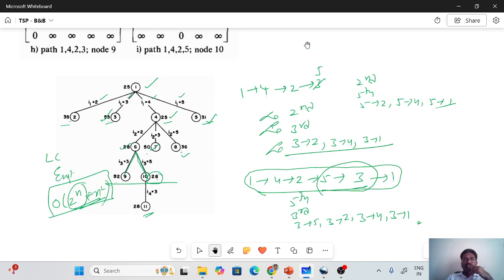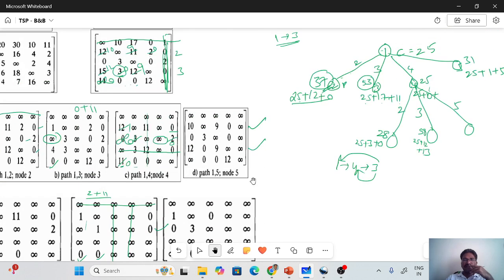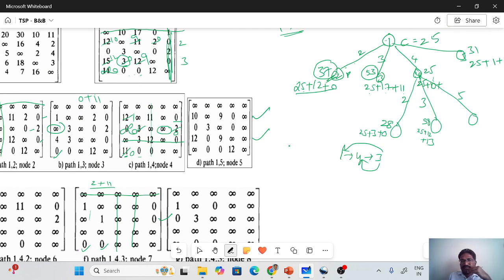So once again I am repeating the general formula in the adjacent cost matrix. When you are going to find, from already you reached the node I and you want to check for the cost to reach j, that means at the node I we have one cost matrix that may be reduced cost matrix. From that reduced cost matrix you must change ith row, jth column infinite, ith row fully infinite, jth column fully infinite.